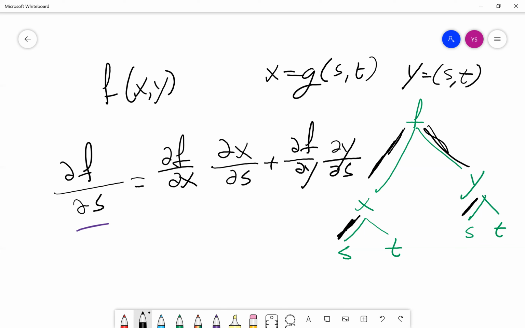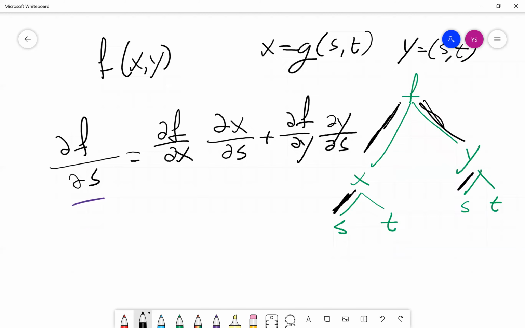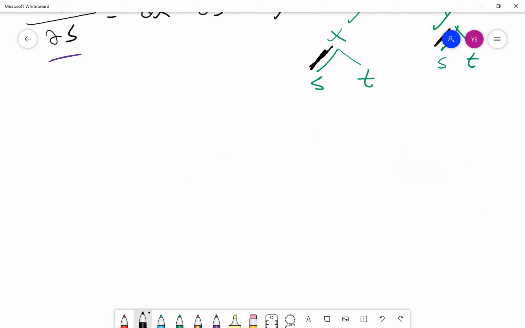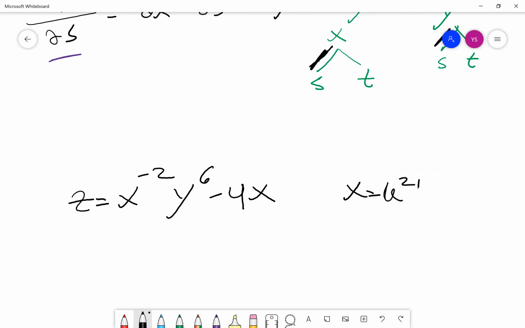Okay, so let's say we have z is equal to x to the -2 times y to the 6th power minus 4x, and x is equal to u squared times v, and y is equal to v minus 3u.